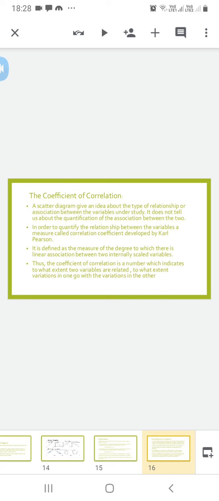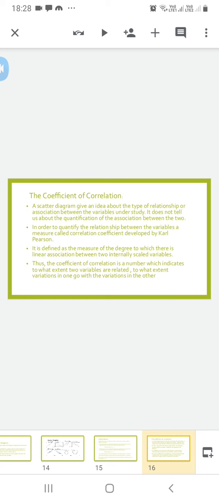In order to quantify the relationship between the variables, a measure called the correlation coefficient was developed by Karl Pearson. It is defined as the measure of the degree to which there is linear association between two internally scaled variables.